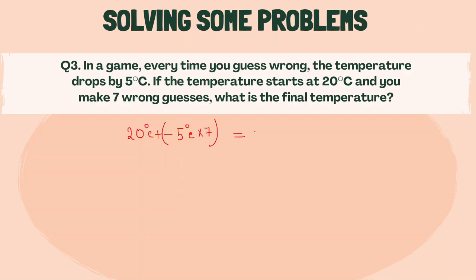So it will be 20 degrees centigrade plus minus 35 degrees centigrade. So what will be the answer? The answer will be minus 15 degrees centigrade. So you will become very much cold. As you have given so many wrong guesses, you will become very much cold. Okay.